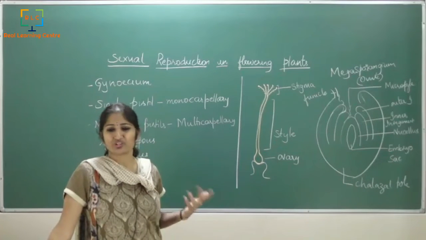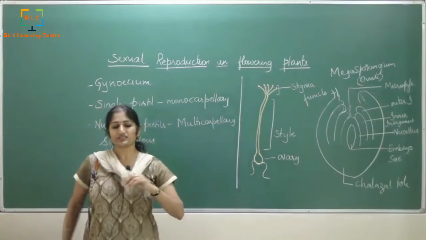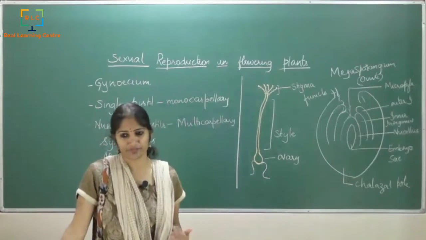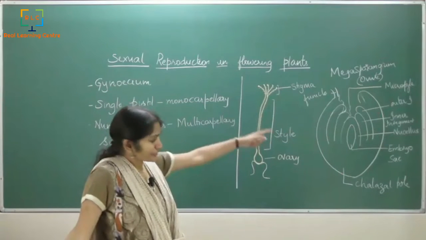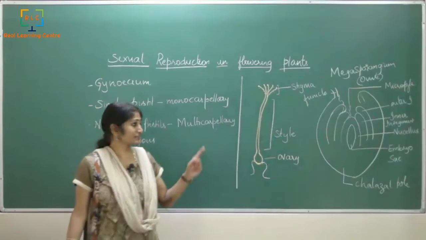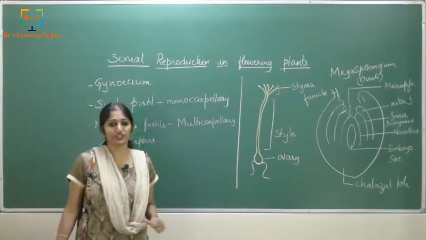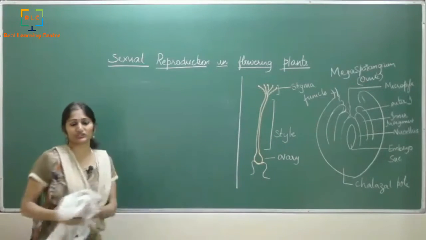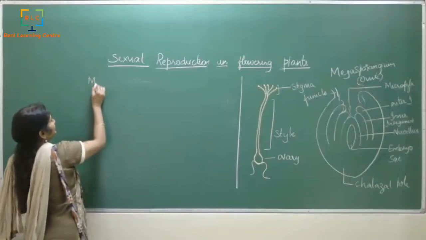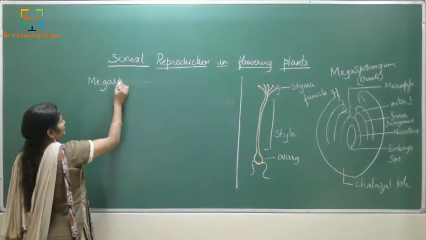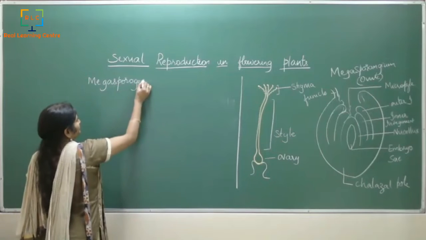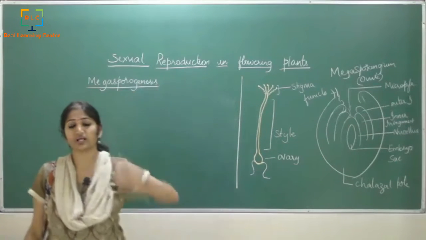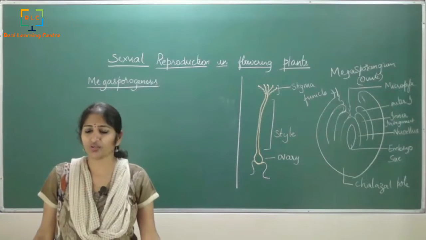Generally, you will have one single embryo sac, and that is formed by meiosis. The whole reduction division that happens inside the megasporangium is what we call megasporogenesis.